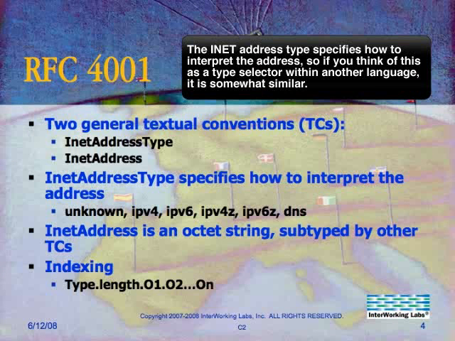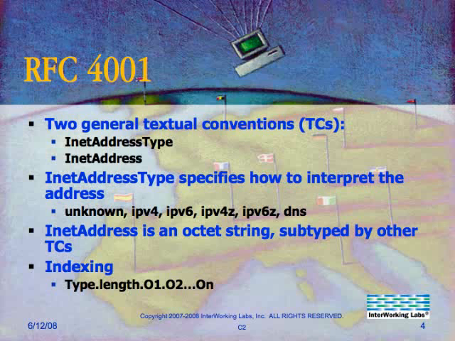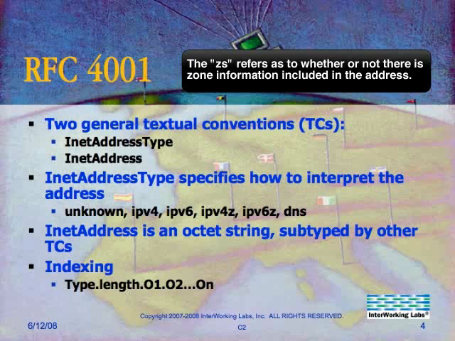The InetAddressType specifies how to interpret the address. So if you think of this as a type selector within another language, it's somewhat similar. It tells us if it's unknown, IPv4, IPv6, IPv4z or IPv6z, or a DNS address. The Z's refer to whether or not there's zone information included in the address.